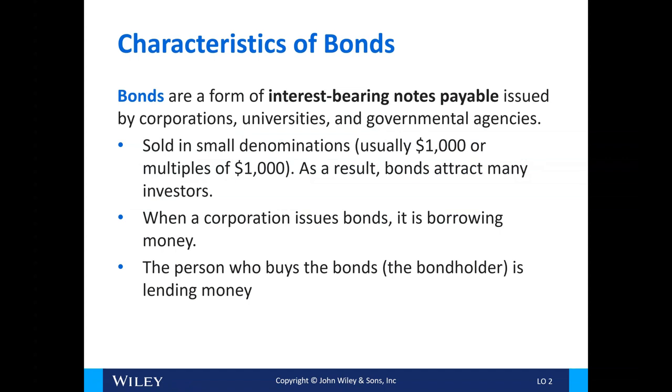But you're going to discount that cash flow at 7%. So you have $70 a year for however many years, and then you get your $1,000 back. And so you're going to discount that at 7%. And that's really how bonds work.